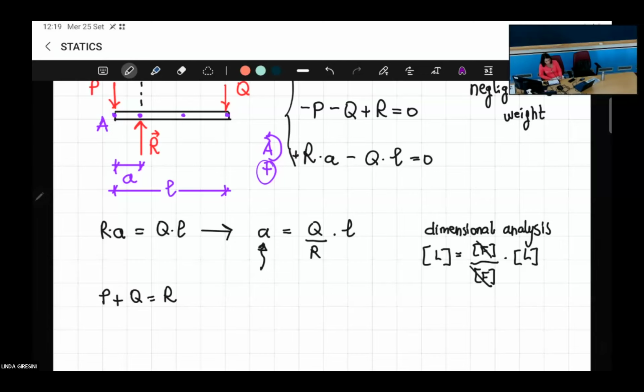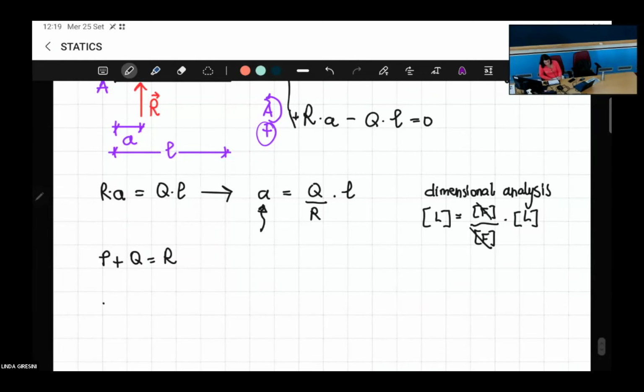So you need to find R from the previous equation, which is Q times L divided by A. Now you substitute R in this equation, because the purpose is to have just one unknown in one equation in order to solve it.